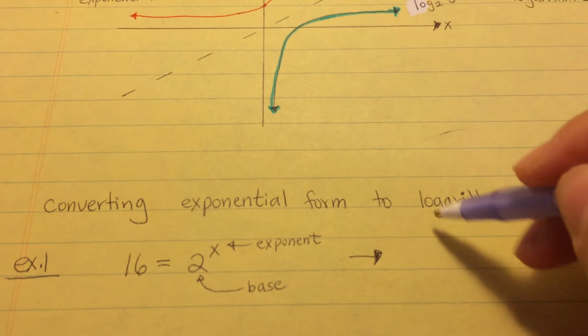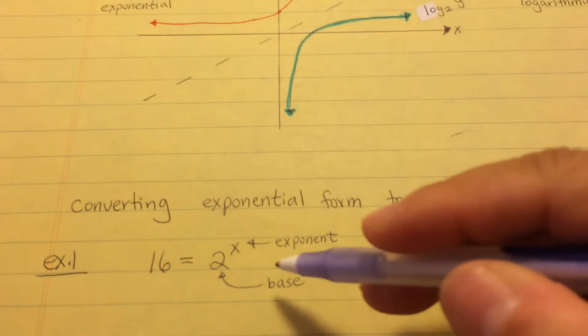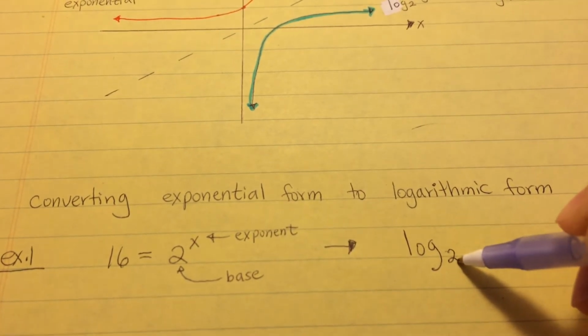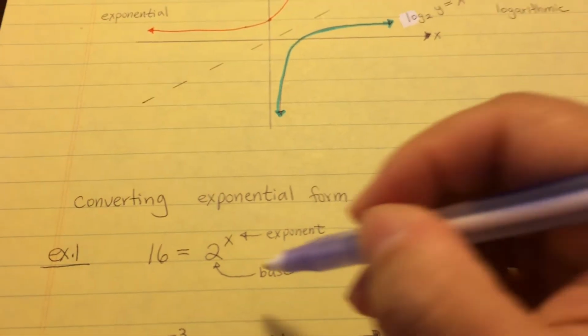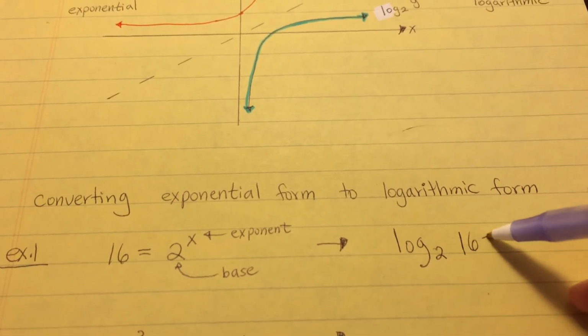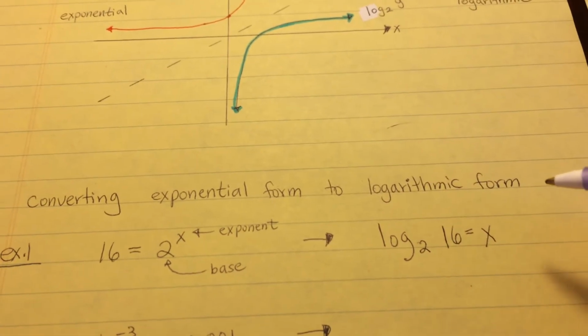Because we're putting it into logarithmic form, the word log has to appear. That 2, which is the base, now becomes a base down here instead. And then the 16 is equal to the x right here. So what just happened?